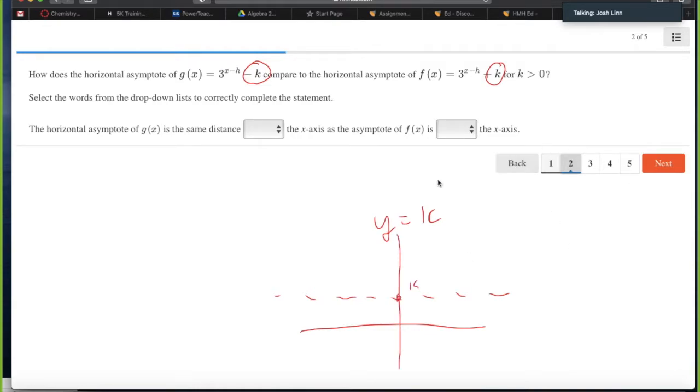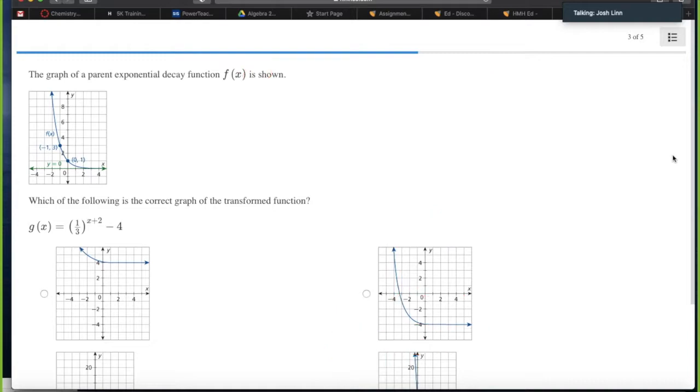So if k is negative, the horizontal asymptote of g of x is the same distance below the x-axis. Then you're just going to have an asymptote at y equals negative k. Easy enough. These do get a little tougher, I promise.